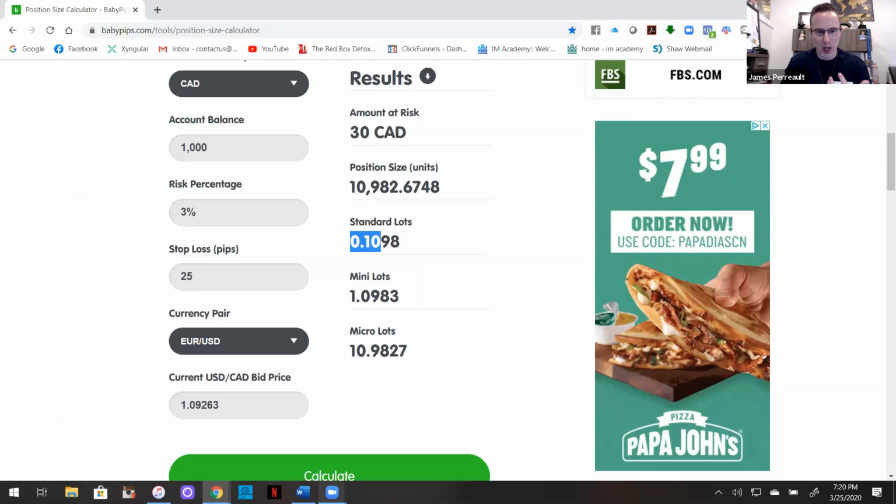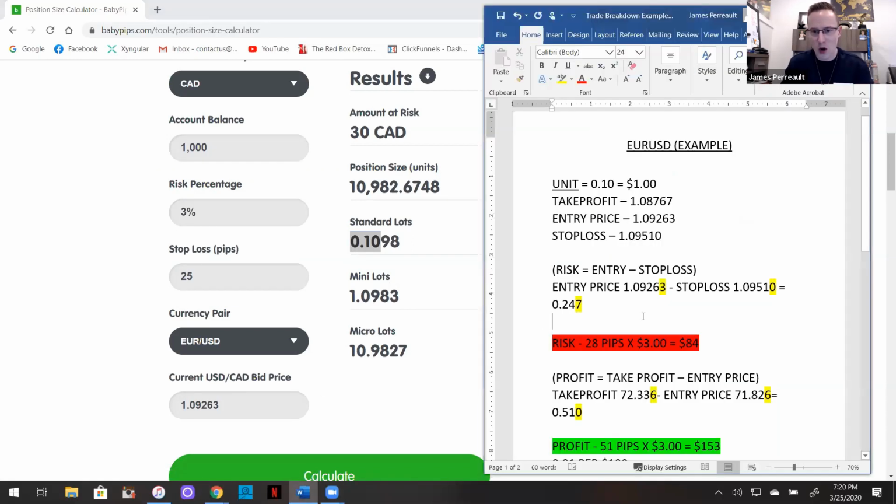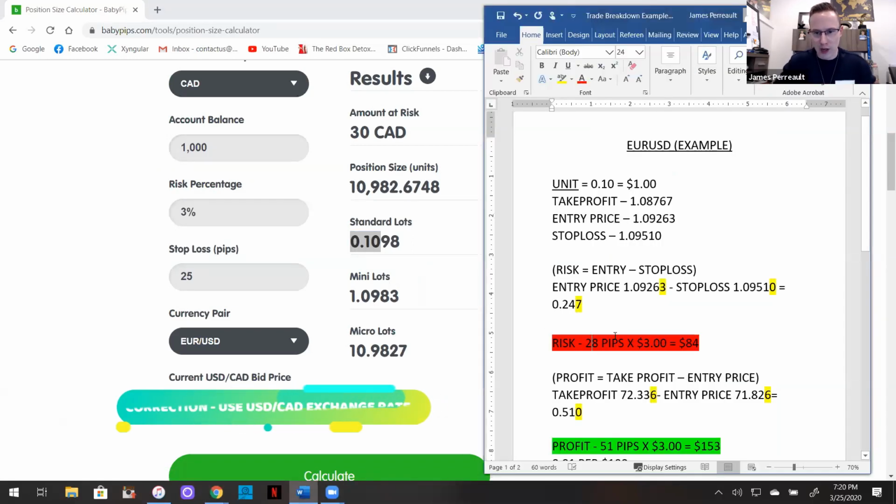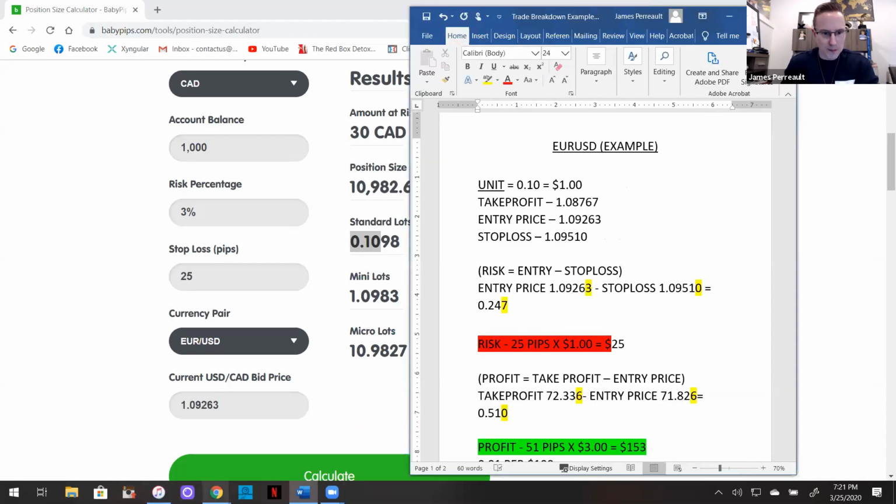I'm just showing you again here, writing it out. So risk: we got 25 pips, or 24.7, I'll just round up to 25. 25 pips times our lot size, which is $1 in this case, is going to equal $25. Okay, that's essentially what we're looking at here, guys.